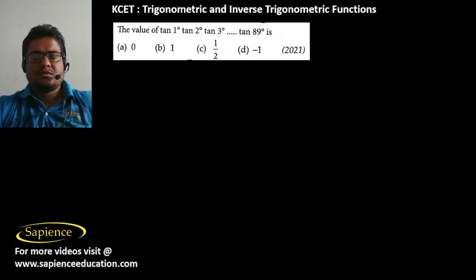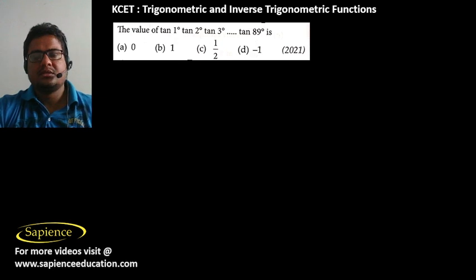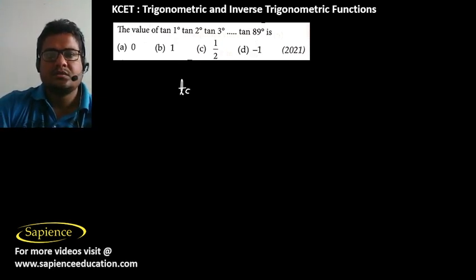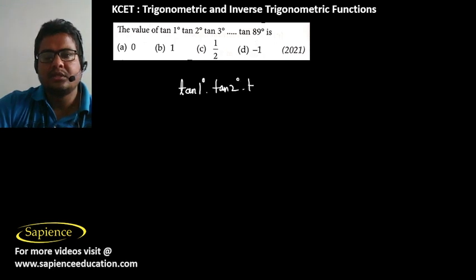Then the value of tan 1 degree, tan 2 degree, tan 3 degree up to tan 89 degree is, so we can write tan 1 degree into tan 2 degree into tan 3 degree, and like this we will get tan 45 degree also, and similarly here I will get tan 44, here I will get tan 46.